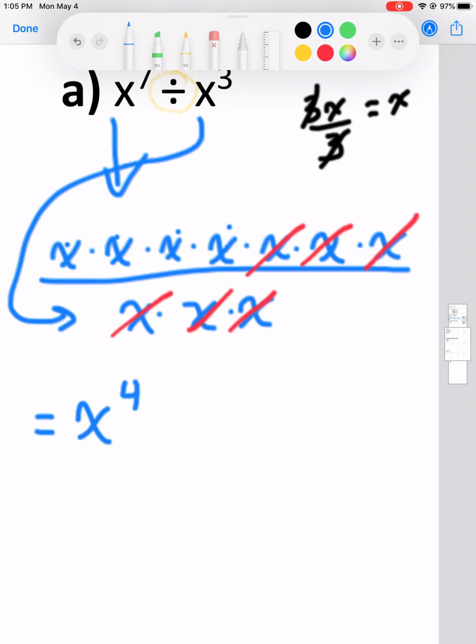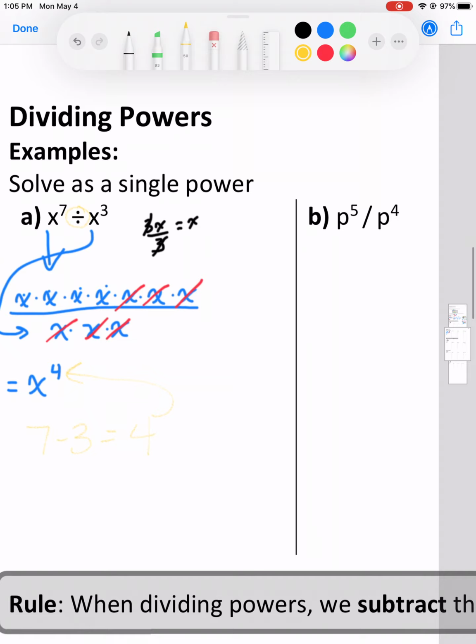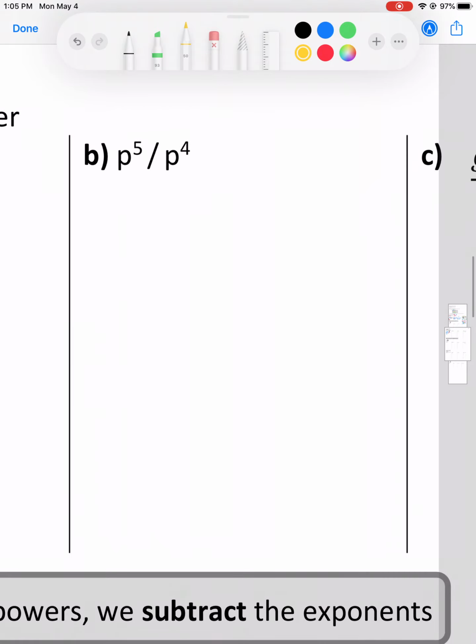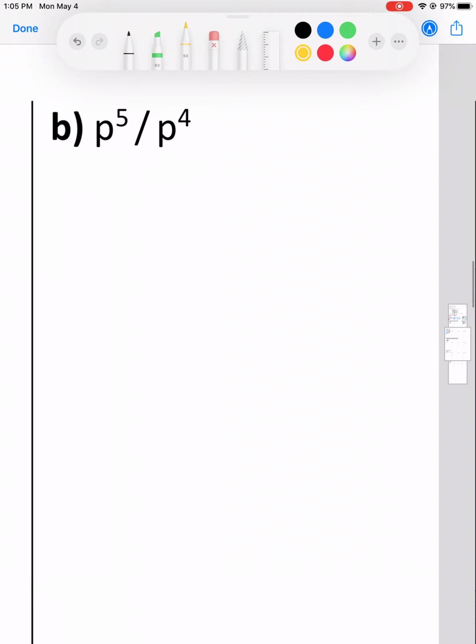And hopefully you also noticed 7 minus 3 is equal to 4, which we find here. So when it comes to you doing your work, I'm not expecting you to show it. I'm just trying to get you to see why this is the case.